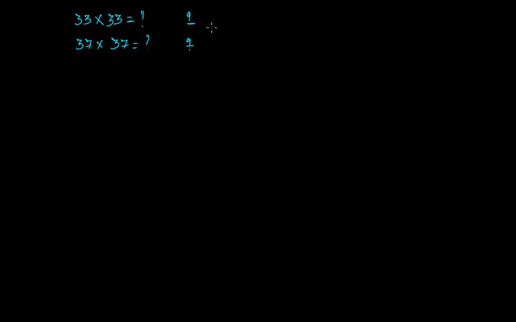Since you have to tell the next 6 perfect squares, the next one will be 43 times 43 and your number will end with 9, then 47 times 47 and your number will end with 9.